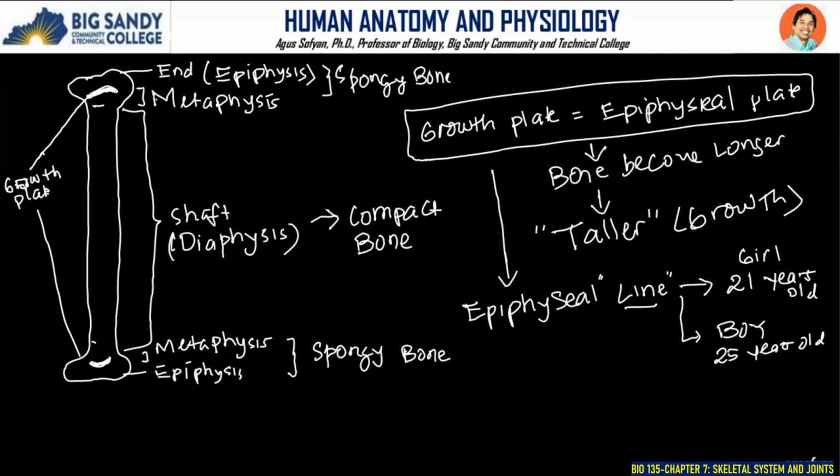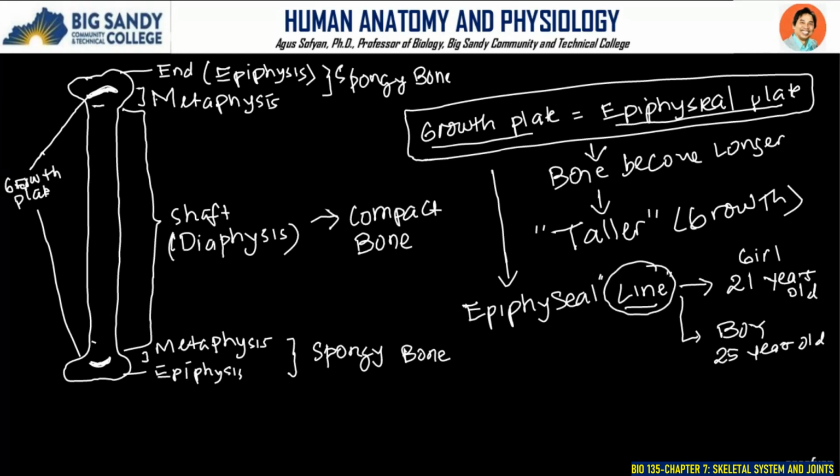college ages. Okay, so the area between the epiphysis and metaphysis that's used for growing is called the growth plate, or epiphyseal plate. When the girls, or the females, reach 21 years old, that plate becomes a line and the girls will stop growing.